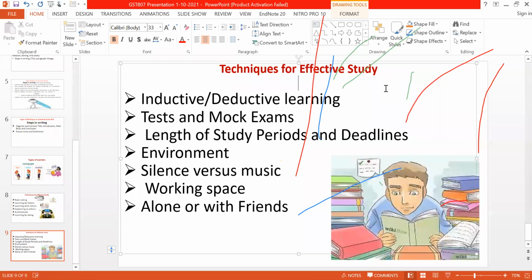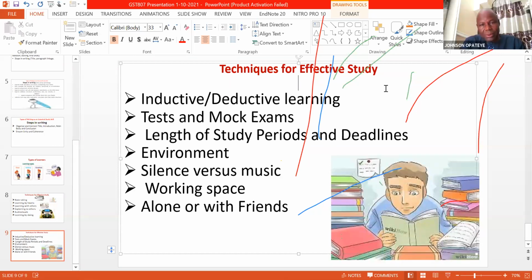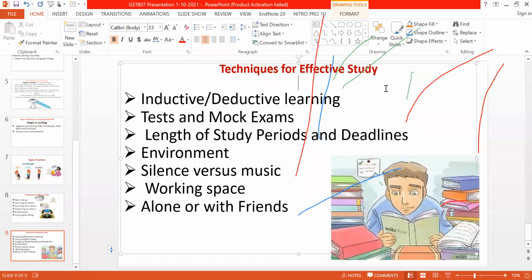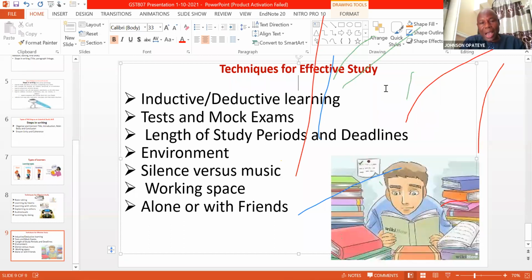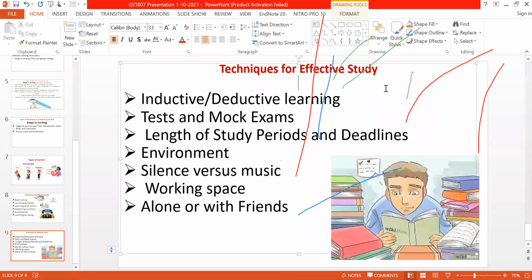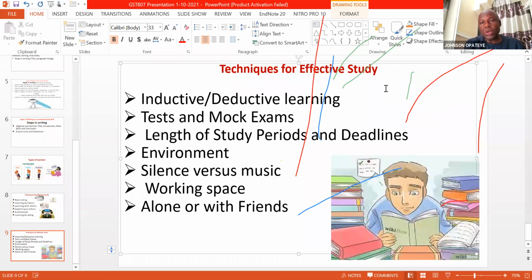Thank you, sir. If you are an inductive learner, we have some materials. Okay, let me take it this way. If I say GST807 students are mostly women, some students are very stubborn, though they are adults.